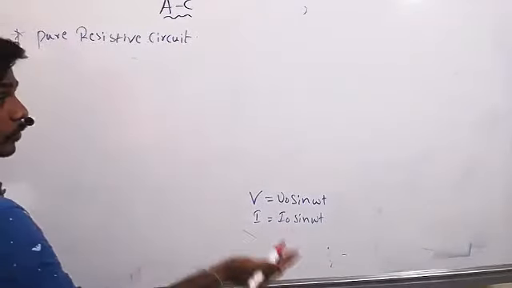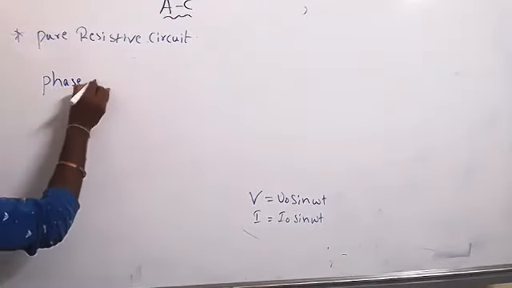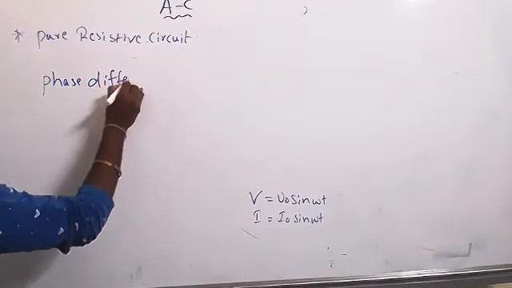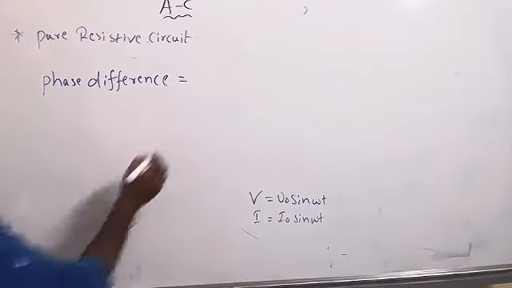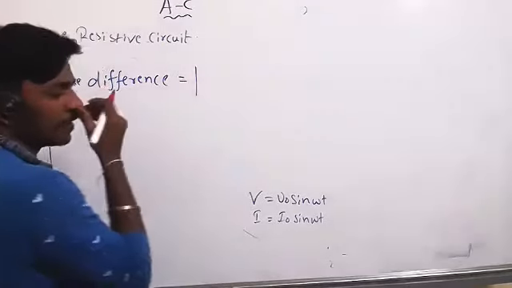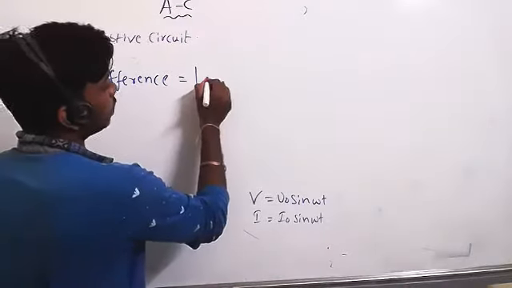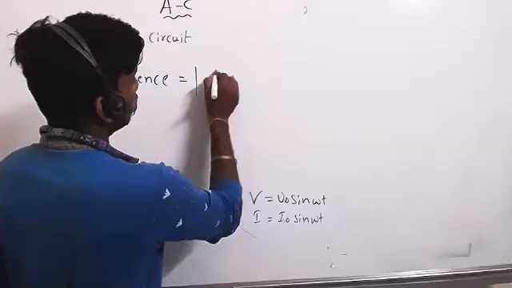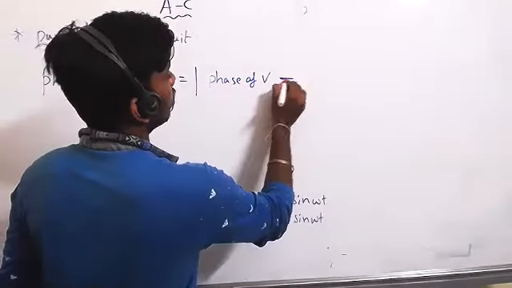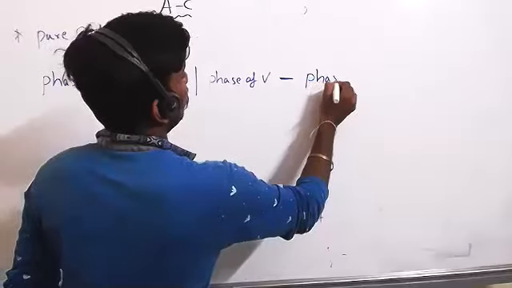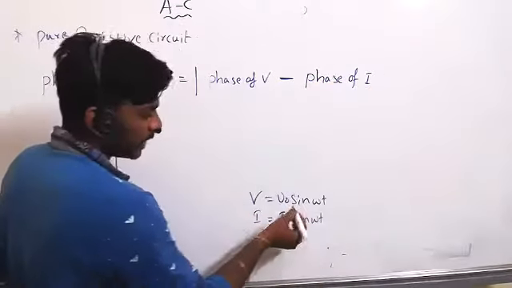What is the phase difference, sir? Let's see. Phase difference is equal to the mod, because I am going to take only the magnitude. Phase difference is equal to phase of V minus phase of I. What is the phase here?